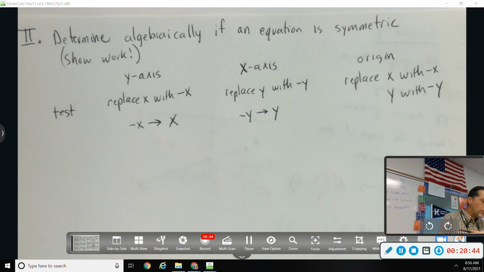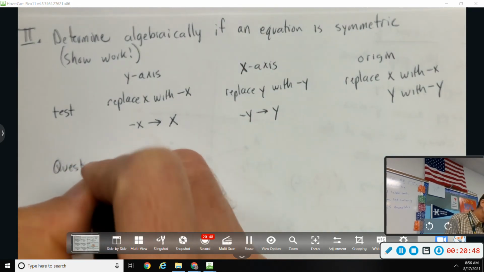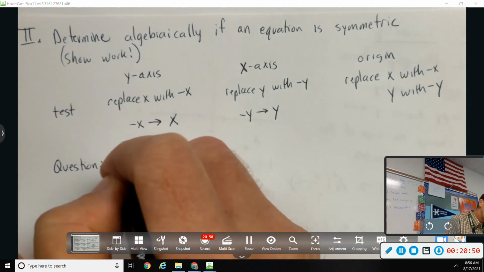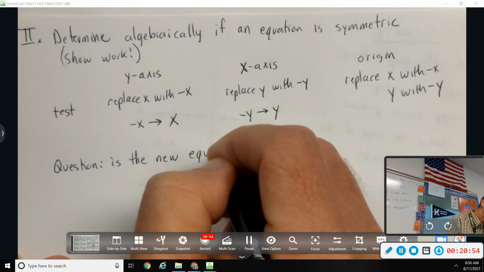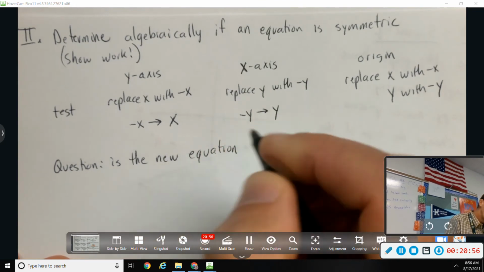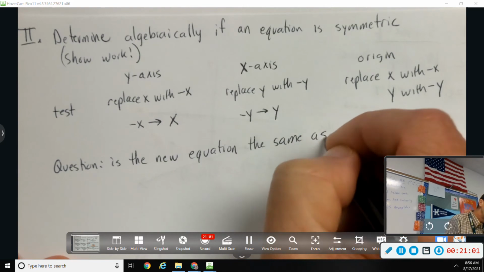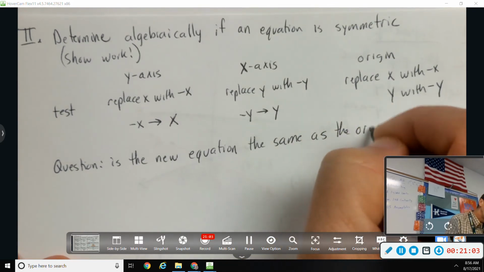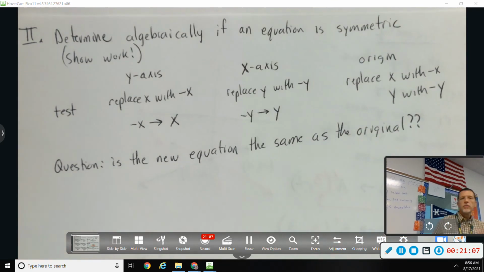And then after you do that, here's the question for all of them. Is the new equation, after you make this switch, the same as the original?